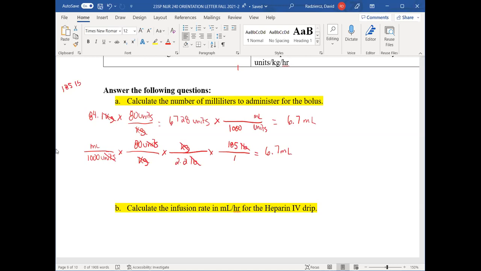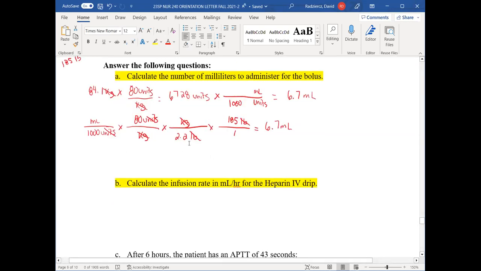Obviously it always is going to be dependent on the medication that they're receiving and how they're metabolizing it. But as far as whether you round at the beginning or round at the end, at least in this example and a couple of examples I've gone through, it's been the exact same answer. So do with that what you will.